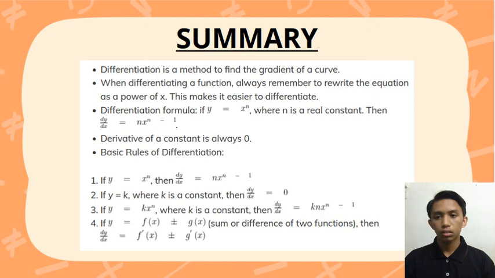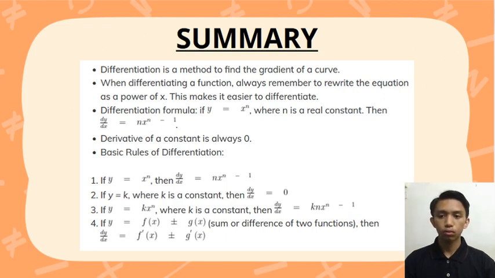The differentiation formula is, if y equals x power n, where n is a real constant, then dy over dx equals nx power n minus 1. The derivative of a constant is always 0.